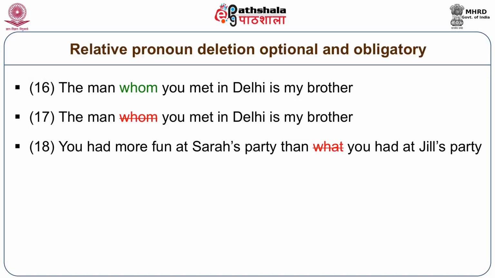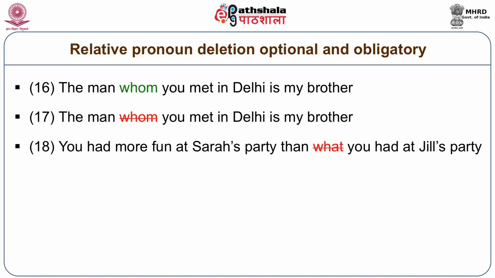Sentence 16 in English, the man whom you met in Delhi is my brother, also has the alternate form, 17, the man you met in Delhi is my brother. This is a familiar fact. You must have learned it in school grammar. It's part of learning English that you can do this.